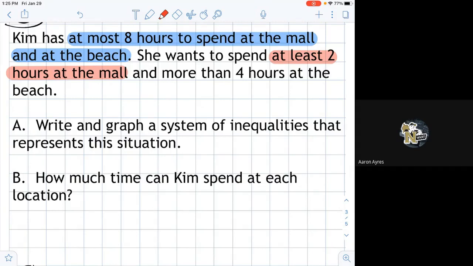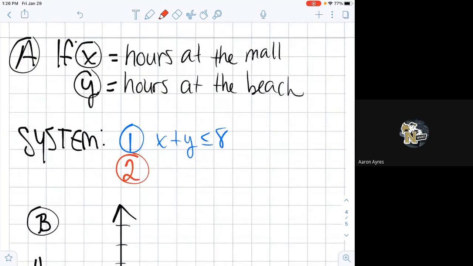So, at least 2 hours at the mall, and hours at the mall is x, right? So x is what, Mason? Put it all together. We just talked it all out. X is greater than or equal to at least how much?